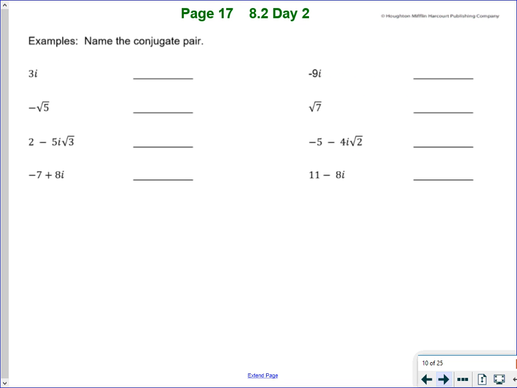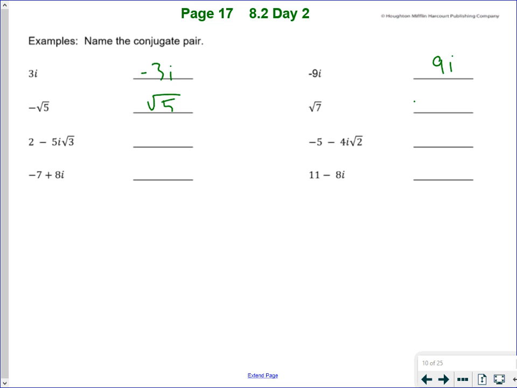So now we're going to name the conjugate pairs. We have 3i, its conjugate pair will be negative 3i. Next, we have 9i, its conjugate pair will be positive 9i. Negative root 5 doesn't become root 5, but its conjugate pair is the square root of 5.